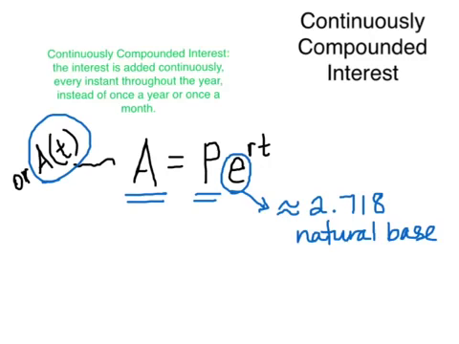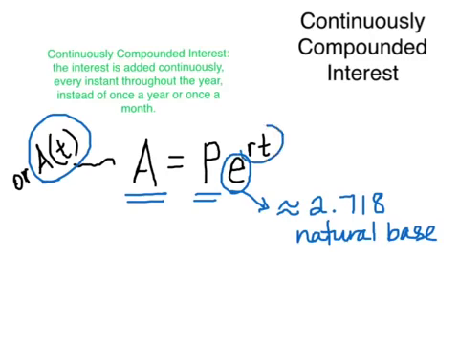It's actually found in nature. That's one of the reasons it's called the natural base. But it is a specific number, and 2.718 is just an approximation. It's actually irrational. It goes on forever, has no repeating pattern, and it's very similar to pi. We've kind of gotten used to pi meaning 3.14. That's an approximation to pi, and e always has this value.